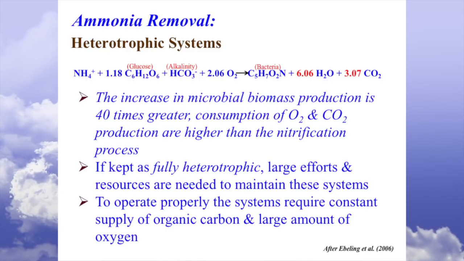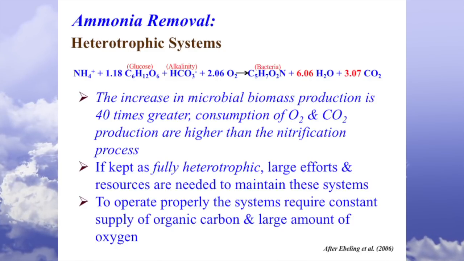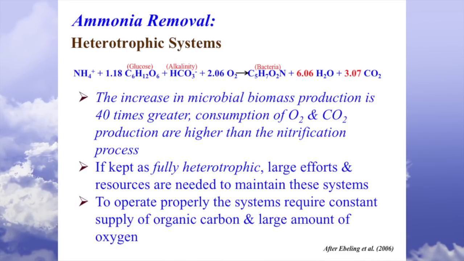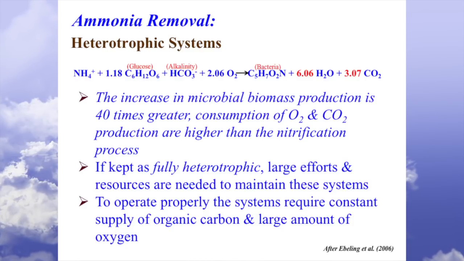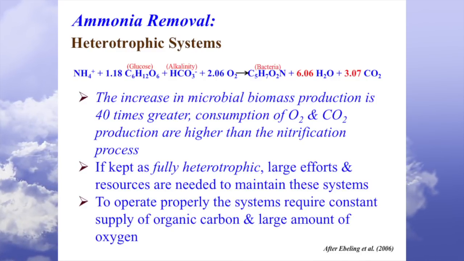Here you see the conversion of the ammonia by heterotrophic bacteria. Basically, they take the ammonia with the organic carbon source and some alkalinity and oxygen and convert it to bacteria, water, and CO2. The increase in microbial biomass production is 40 times greater, and consumption of oxygen and CO2 production are higher than in nitrification.